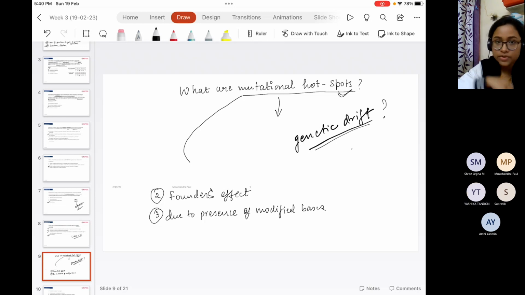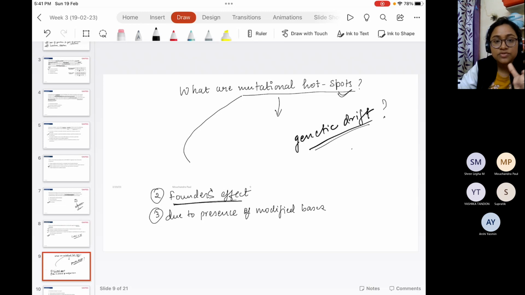Yes, ma'am. Okay. So the definition that you told is correct, but it doesn't give the complete picture. What is actually happening in genetic drift? Now, genetic drift, you can now understand, is completely different from founder's effect. Here, a few people in population A are migrating to a new area where there were no humans before, and now these people are the only humans in that particular land, and they will marry and have children.